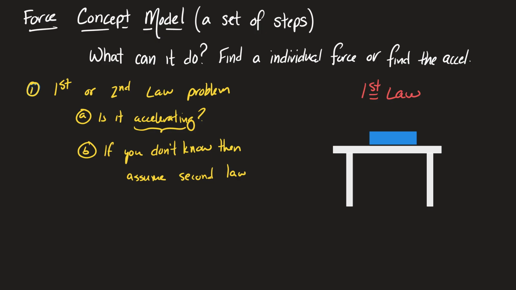Second step. You're going to draw a free body diagram. This is one of the hardest things that students have to do when it comes to dealing with a force concept model. Even though they don't really get to make any choices here. It's really straightforward what to do, but it's how detailed your set of instructions are.